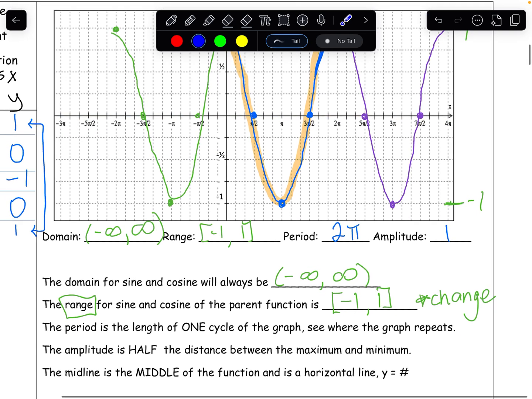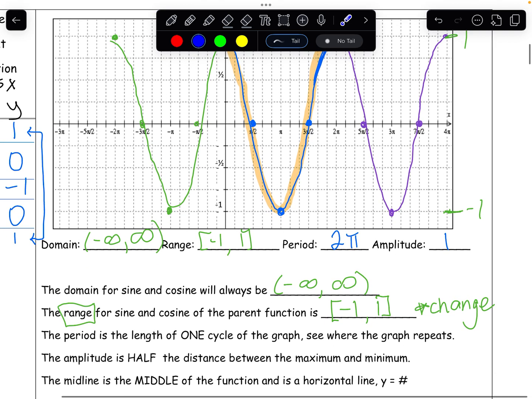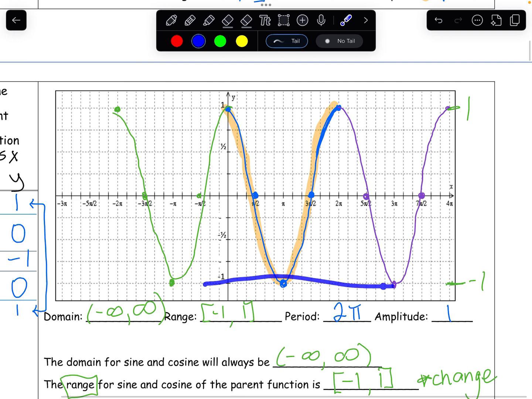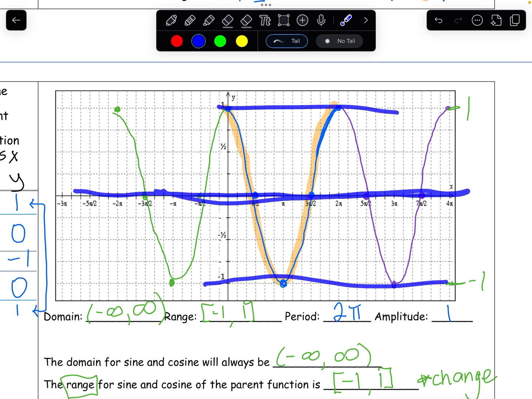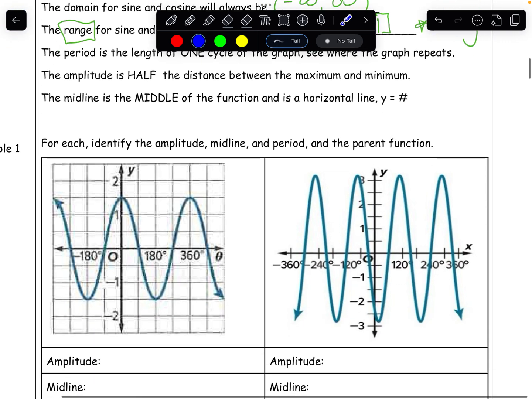And the midline is the middle of the function. So this is more of your halfway point. What is halfway between -1 and 1? 0. And so this is your midline, y equals 0. That's the middle of your graph.